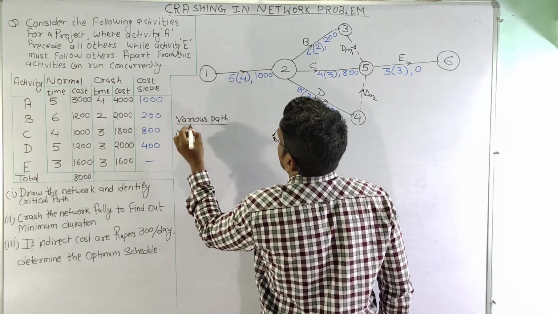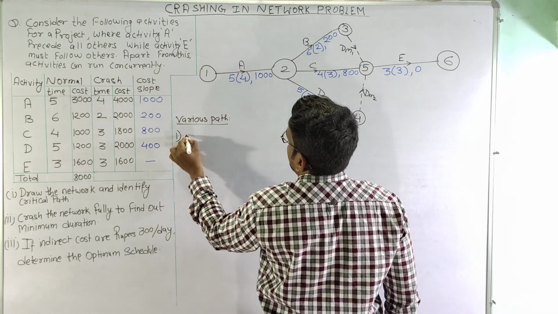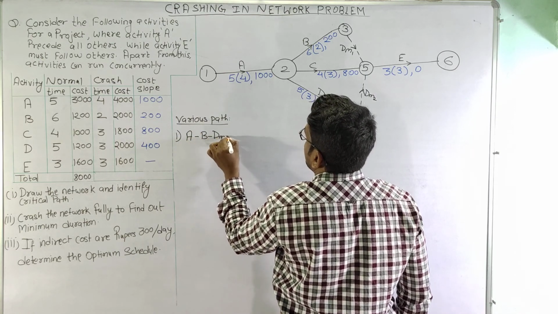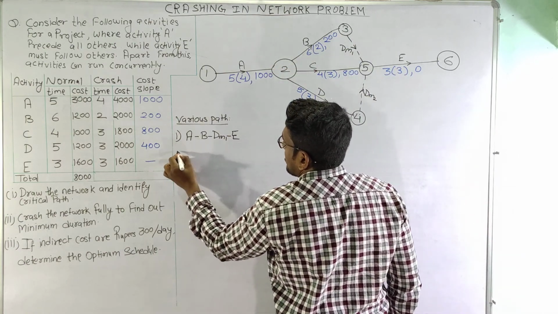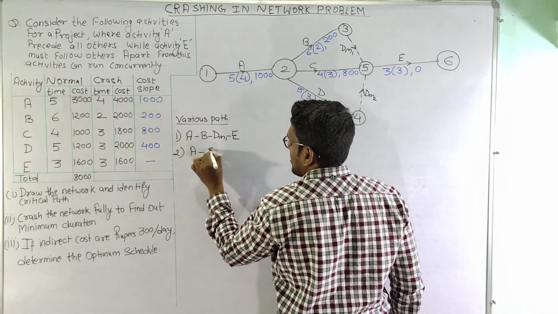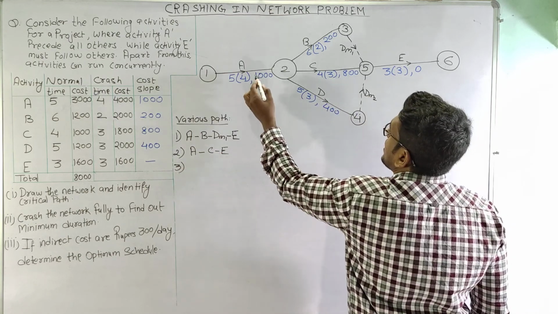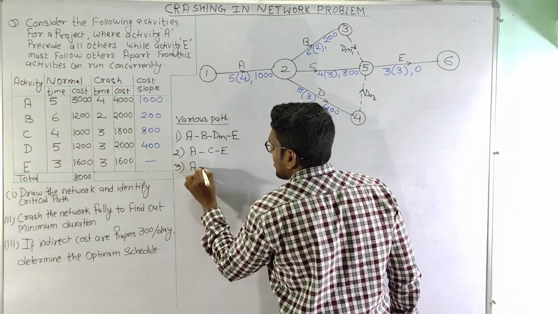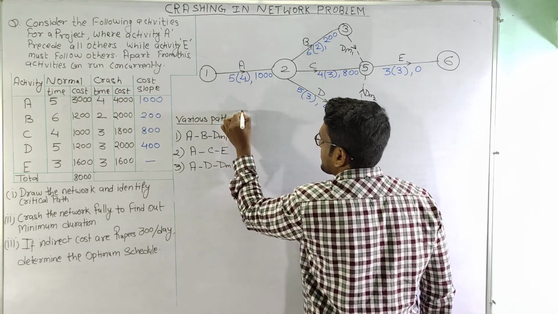First is activity A, B, DM1, that is dummy 1, and E. Similarly, second is A, C and E. And the third is A, D, dummy and E.